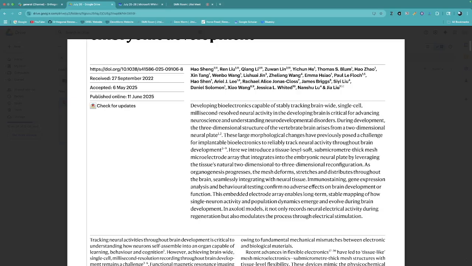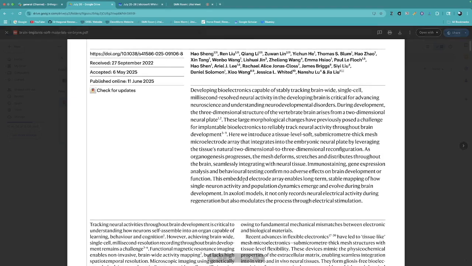Here we introduce a tissue-level soft sub-micrometer thick mesh microelectrode array that integrates in the embryonic neural plate by leveraging the tissue's natural two-dimensional to three-dimensional reconfiguration. As organogenesis progresses, the mesh deforms, stretches, and distributes throughout the brain, seamlessly integrating with neural tissue.